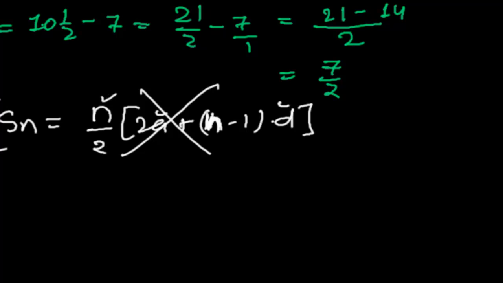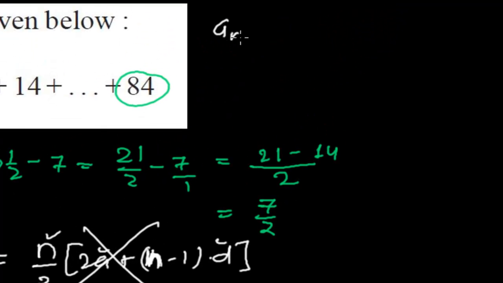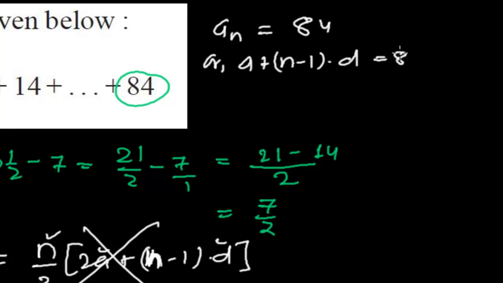We know here the last term, the nth term, is 84, and I'm just applying the nth term formula, that is a plus n minus 1 times d equals 84. Our first term is 7, n we need to find out, and the common difference is 7 upon 2.